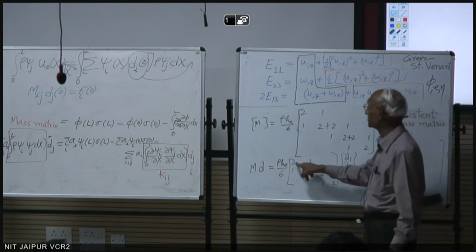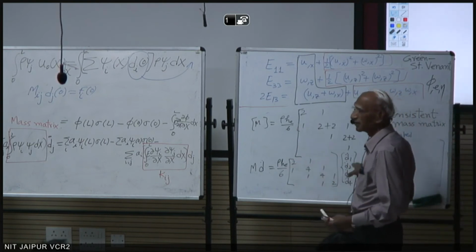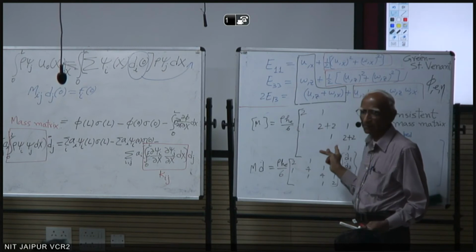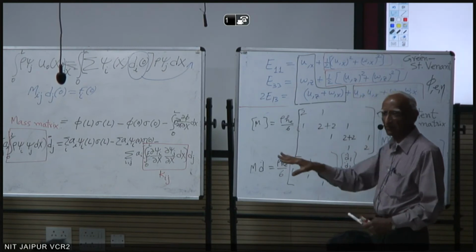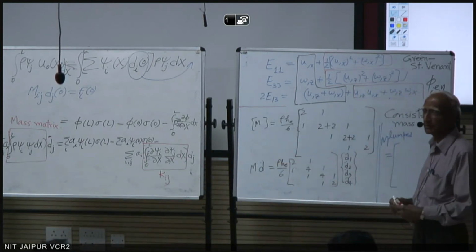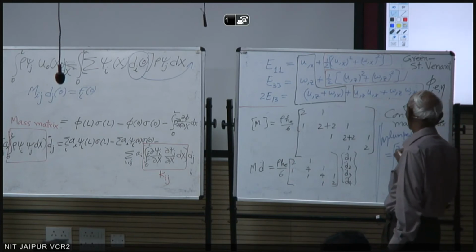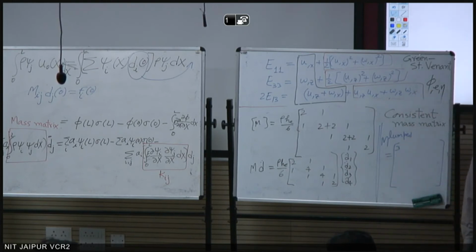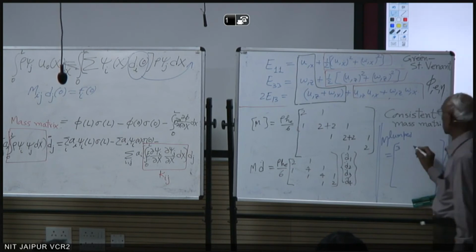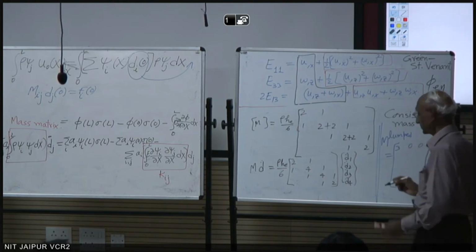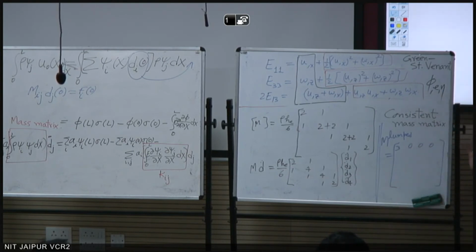So if you add rows, first row, add whatever you see in the first row, put it in M11, and then the remaining are zeros. Lumped means you are going to diagonalize it.